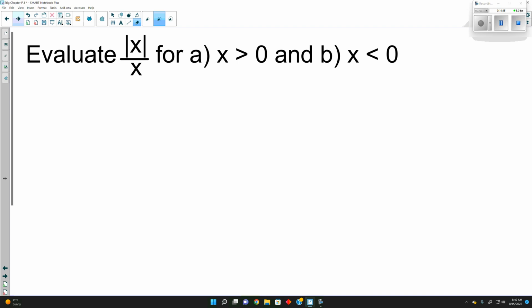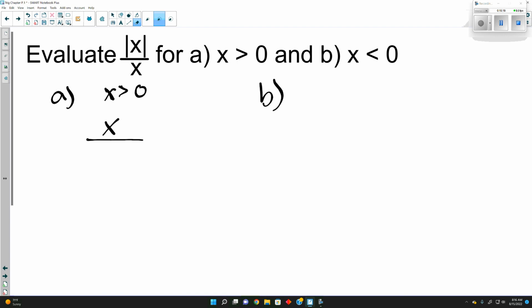So we will look at this one here because, again, this is not something that you've seen. So they want us to look at two main cases. The first case is where x is greater than 0. So if x is greater than 0, by definition, the absolute value of x is going to be x. It's going to be a positive, whatever number that is.